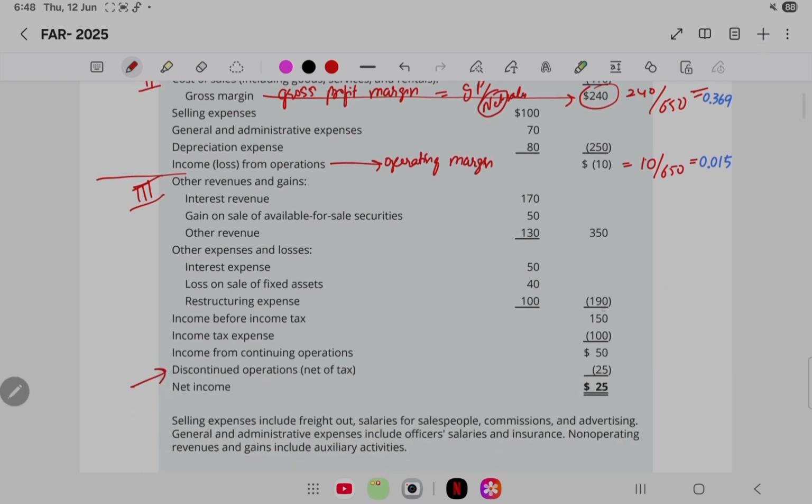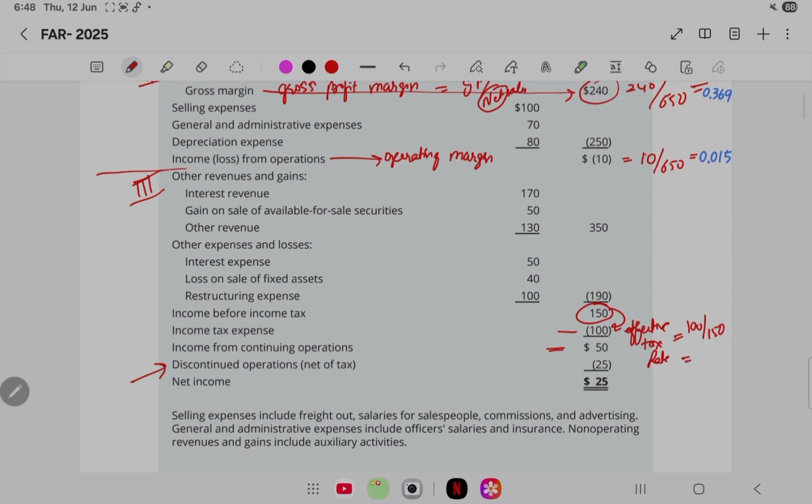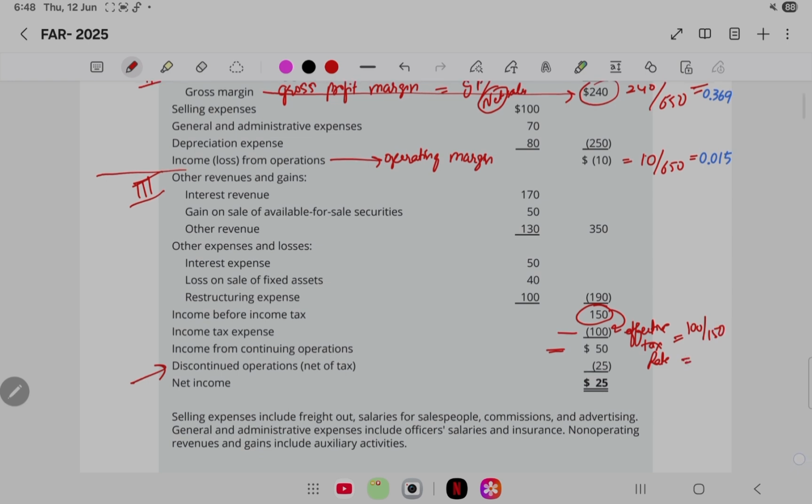Now total income we got is 150 and we paid the tax. So what is the effective tax rate? 100 upon 150 is 66.67%.